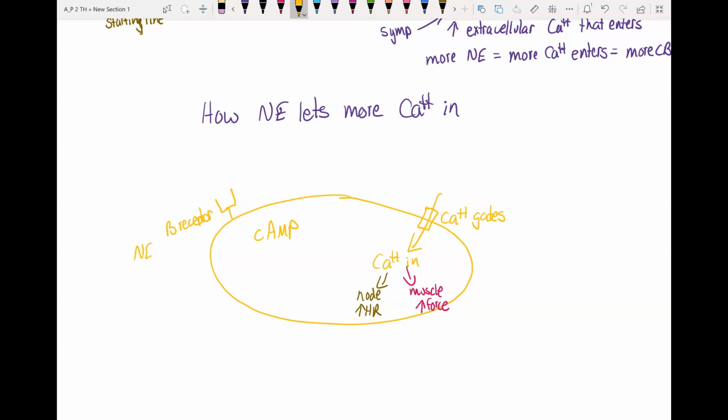Norepinephrine is a water-soluble hormone. If you've forgotten this, pause the video and flip back to chapter 17 and review water-soluble hormones. When they bind to that receptor on the surface, they activate a second messenger. cAMP is the second messenger.